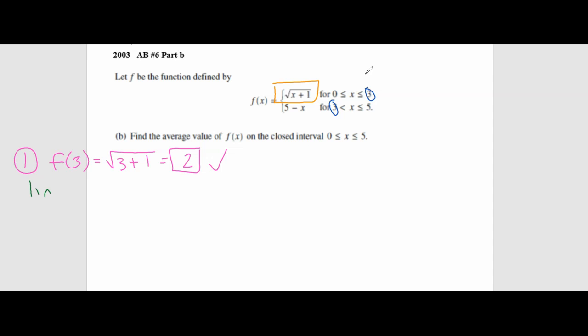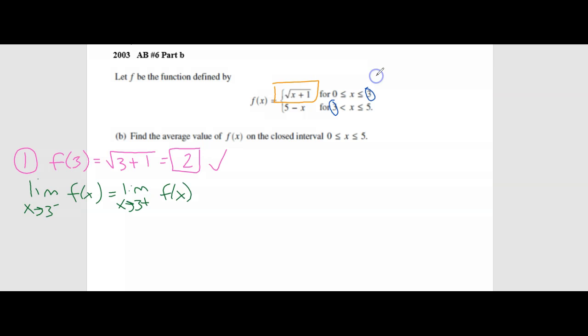So I'm going to do the limit as x approaches 3 from the negative side of f of x is equal to the limit as x approaches 3 from the positive side of f of x. Make sure you use the right functions there.